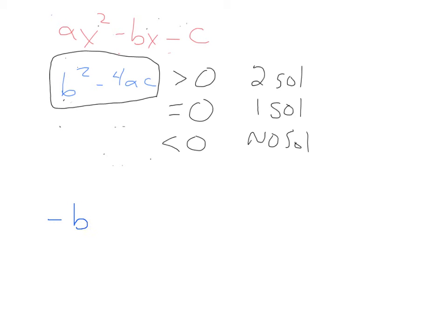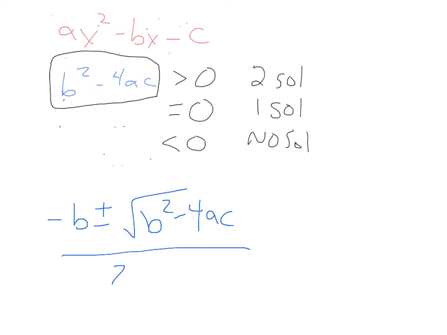Remember, negative b plus or minus the square root of b squared minus 4ac over 2a? The b squared minus 4ac is under the radical. And if we're not talking about imaginary numbers, I can't have a negative square root. So if it's less than 0, that just falls out, right?